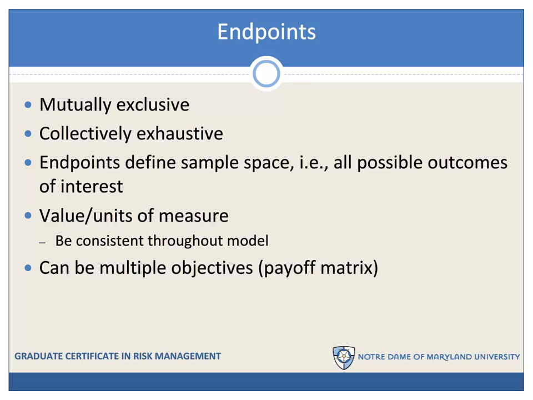When you are designing a model, it's important to think about what the values or units of measurement will be for your endpoints, because you have to be consistent throughout the model. There can be multiple objectives in a model, meaning you could have probabilities, cost, lives saved, profits, any number of objectives. And when you have more than one, there may be a payoff matrix accompanying your model.